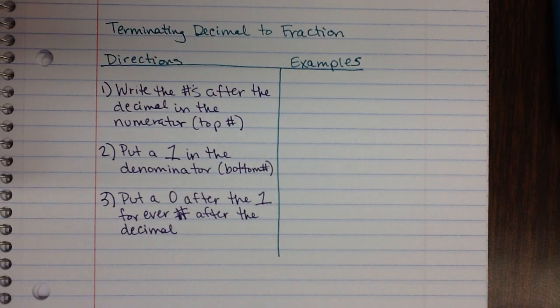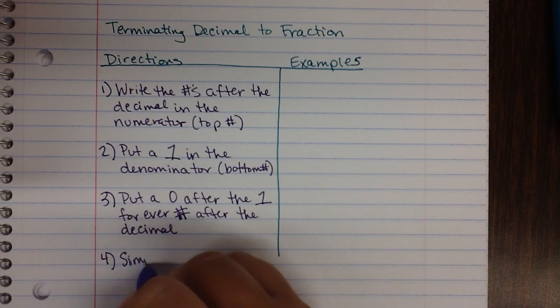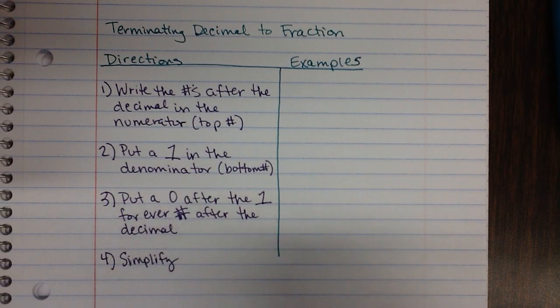And then because we're going to a fraction, every time we deal with a fraction, the very last thing we want to do is simplify. Okay, so here are our examples.